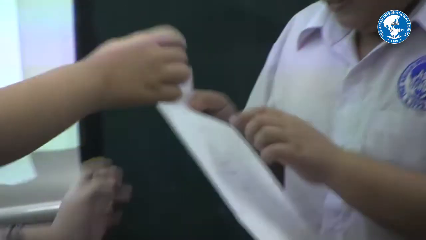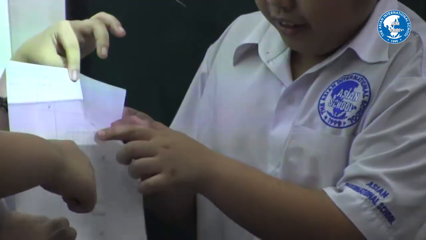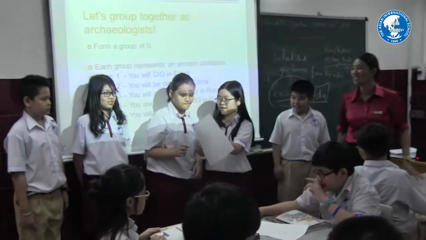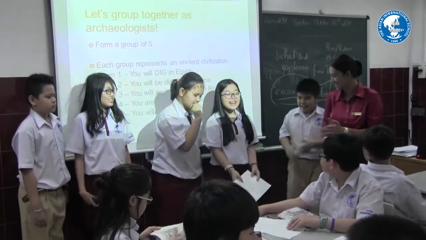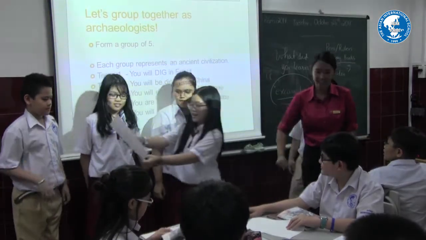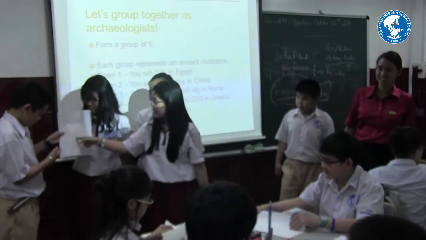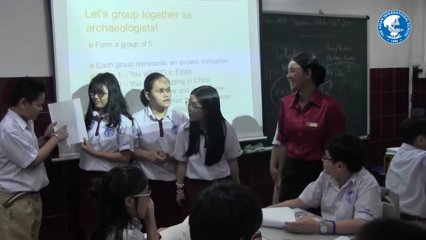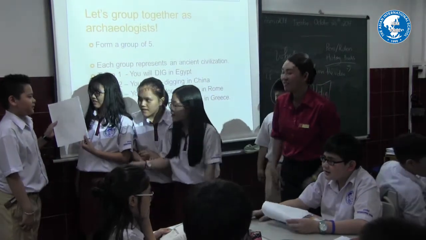And this is the tablet. We found it in area number 5. Number 5. Good job. And then, one more. We found it in area 8. Number 8. Then, one more. Very good.